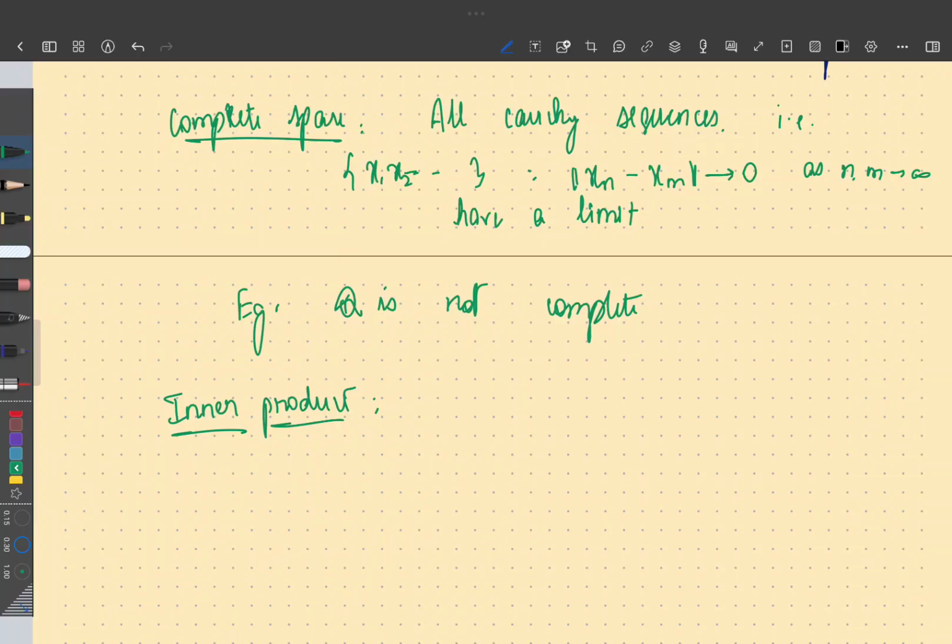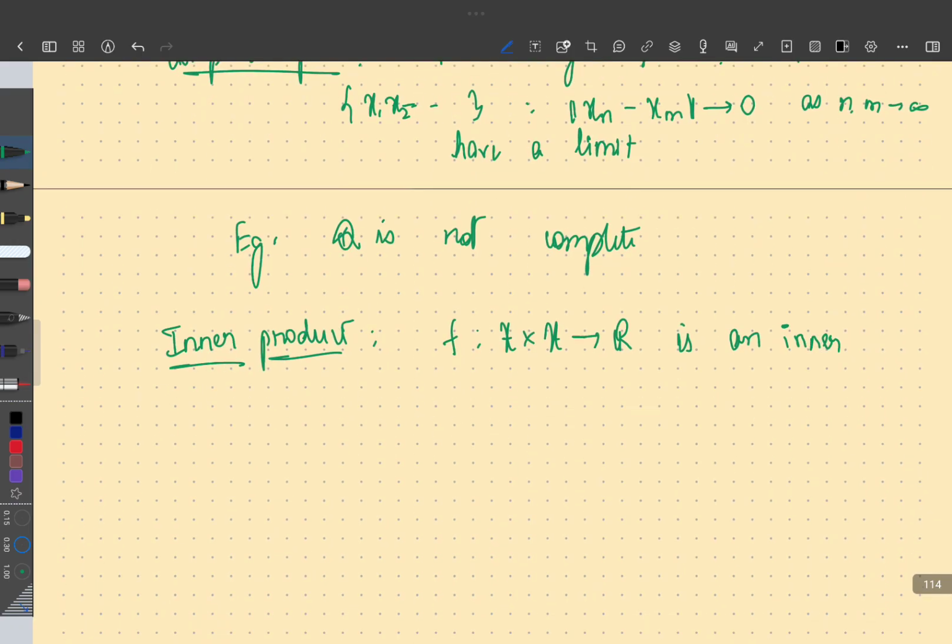And similarly, what is an inner product? An inner product is some map. Let me use simple notation, let's say f, if it satisfies the following three properties.